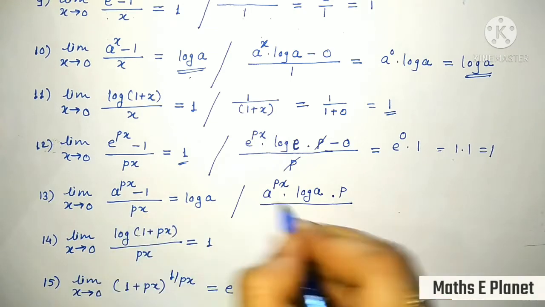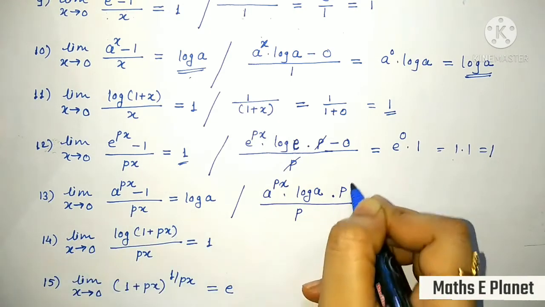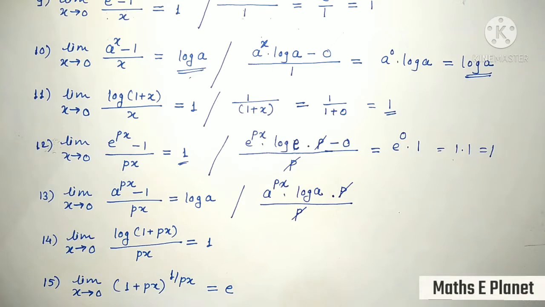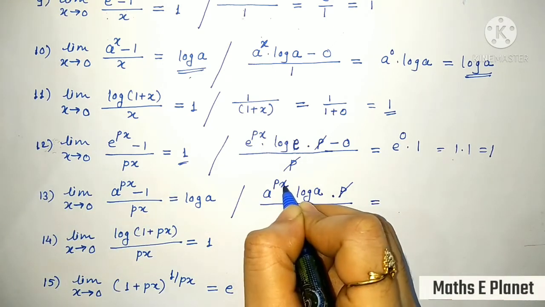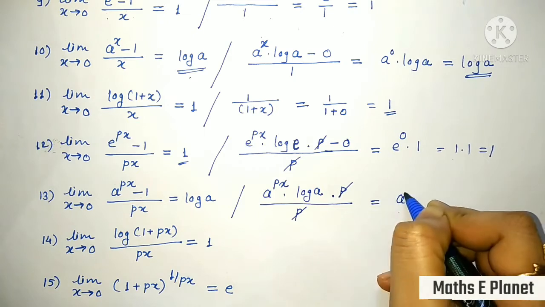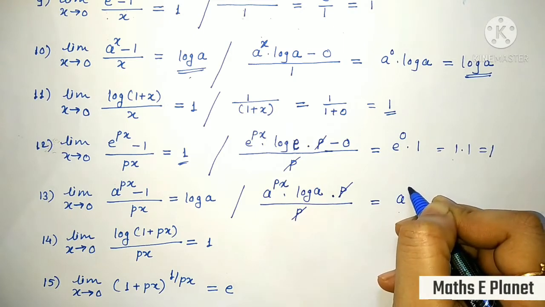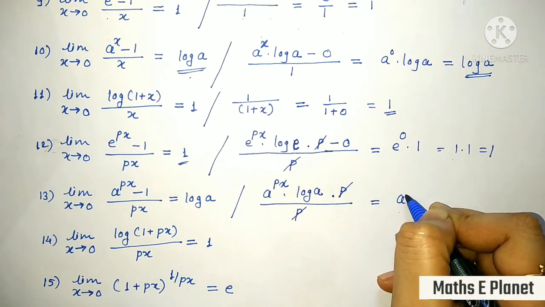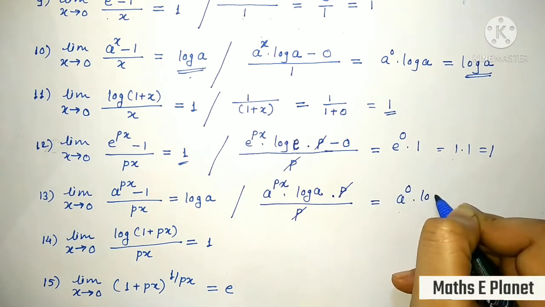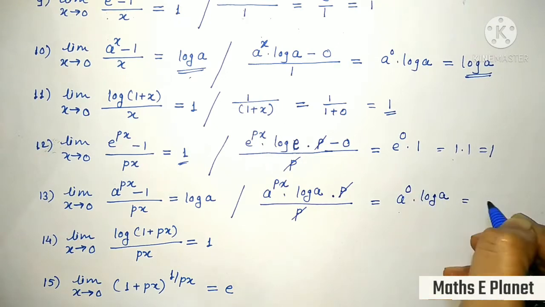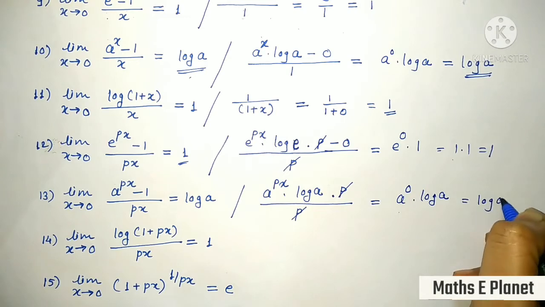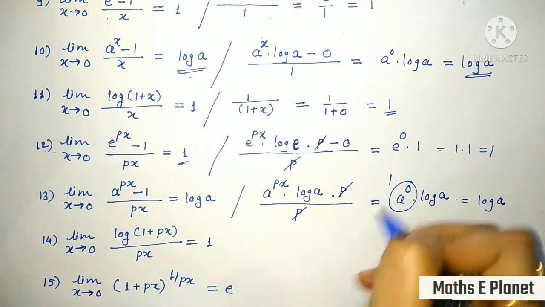Now the derivative of px is p. This p and p will get cancelled. Now put x is equal to 0, so a raised to p into 0, a raised to 0 into log a. So a raised to 0 is always 1, so the answer will be log a. This is 1.